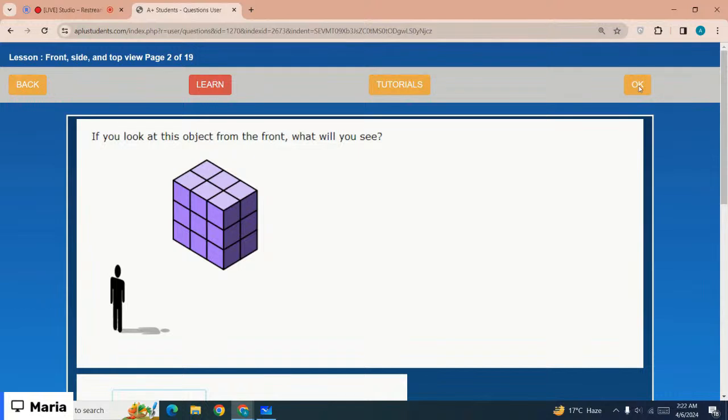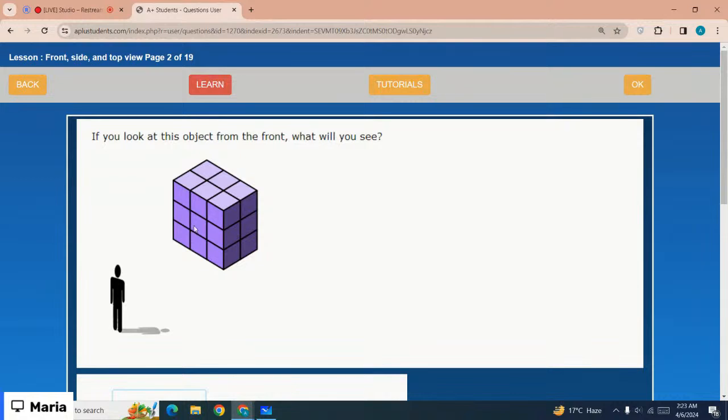If you look at this object from the front, yes, you are standing here.